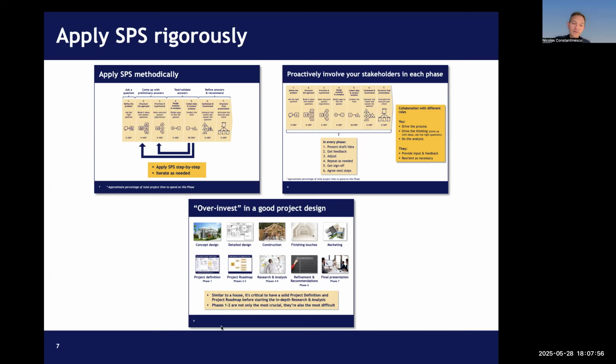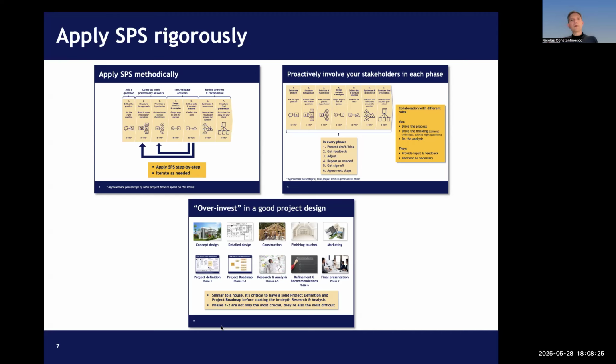And finally, remember, we want to overinvest in the early stages, basically because it's just like a house, right? If you start building the house with the wrong design, you're going to end up having to do a lot of rework because you're going to realize, oh no, oh my God, we did not want a bedroom in that location, or we wanted the bedroom to have a different size or something.